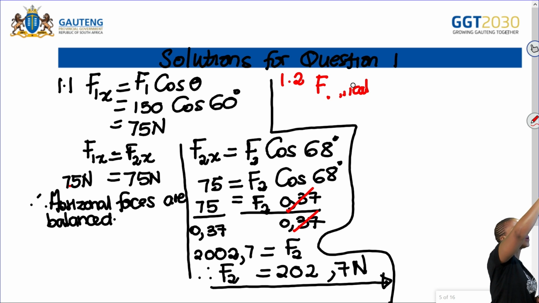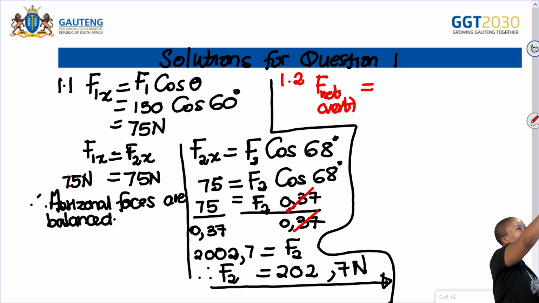I think that sounds better, because we're trying to find F net going up. F net vertical is going to be equal to F1y plus F2y.